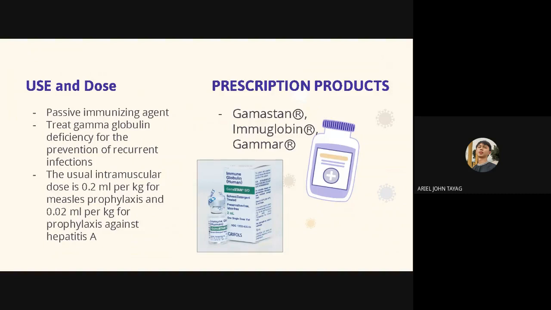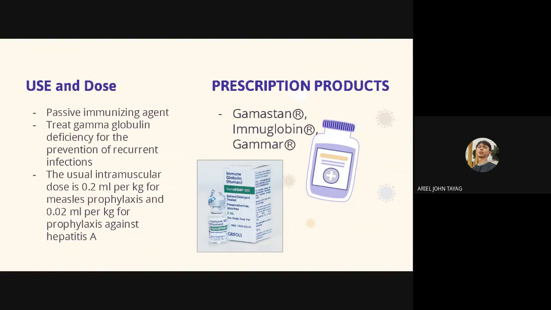For the use and dose, it is a passive immunizing agent, and it is also given to treat gamma globulin deficiency for the prevention of recurrent infections.